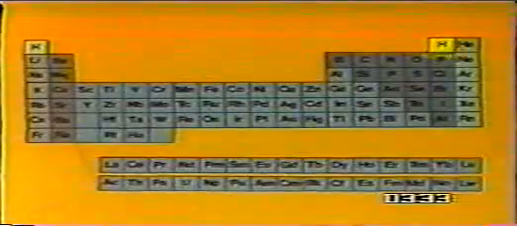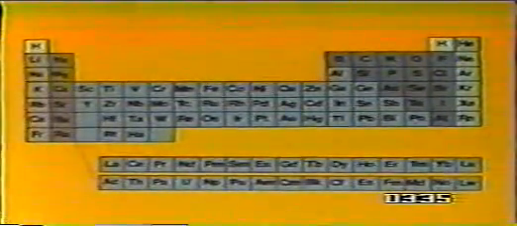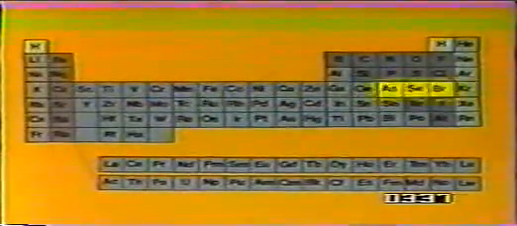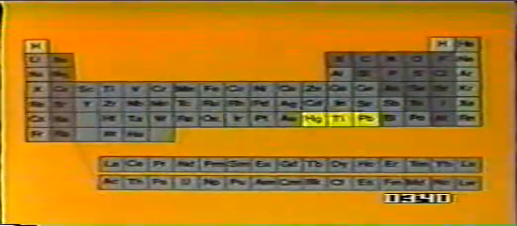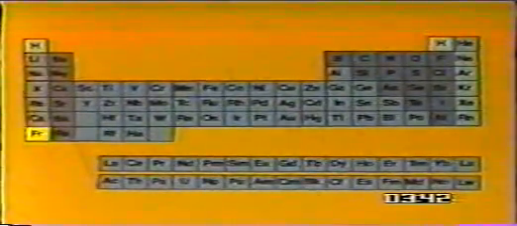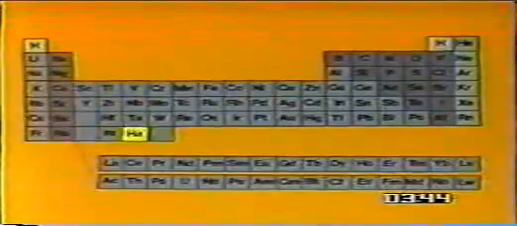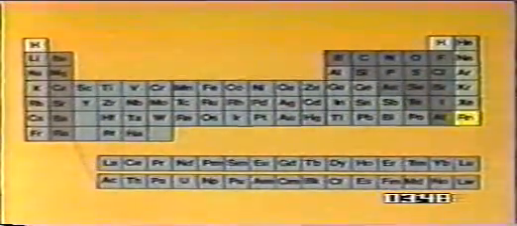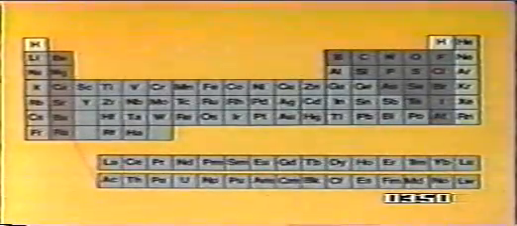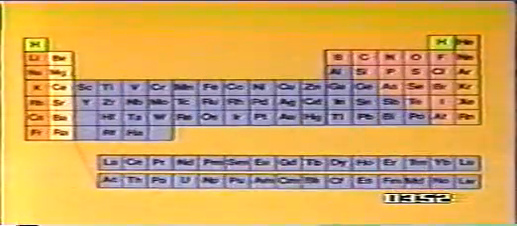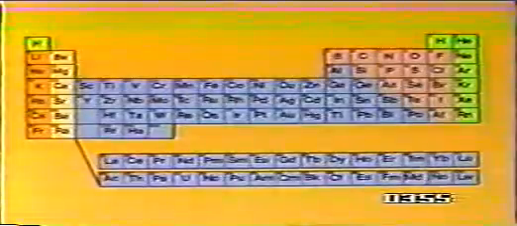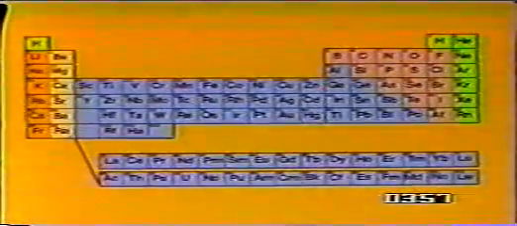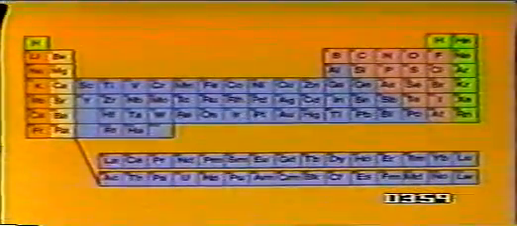Each row across, or period, shows one kind of relationship. Each column down, or group, shows another. The detailed relationships that the periodic table shows have made it probably the most important organizing instrument of chemistry. Let's see what sort of information we can get from it, and, more important, why it works.